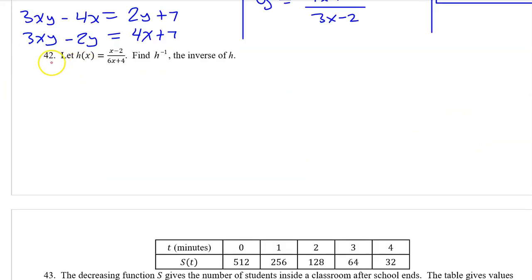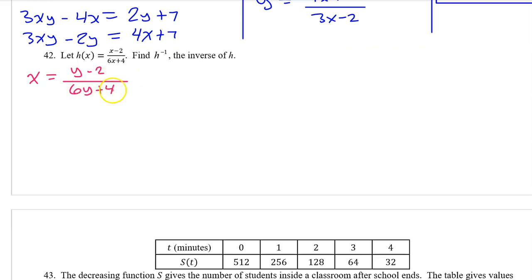We are basically doing the same thing again for number 42. So h of x is just like a y. Start by switching the x and the y. So I'm going to have x equals y minus 2 over 6y plus 4.